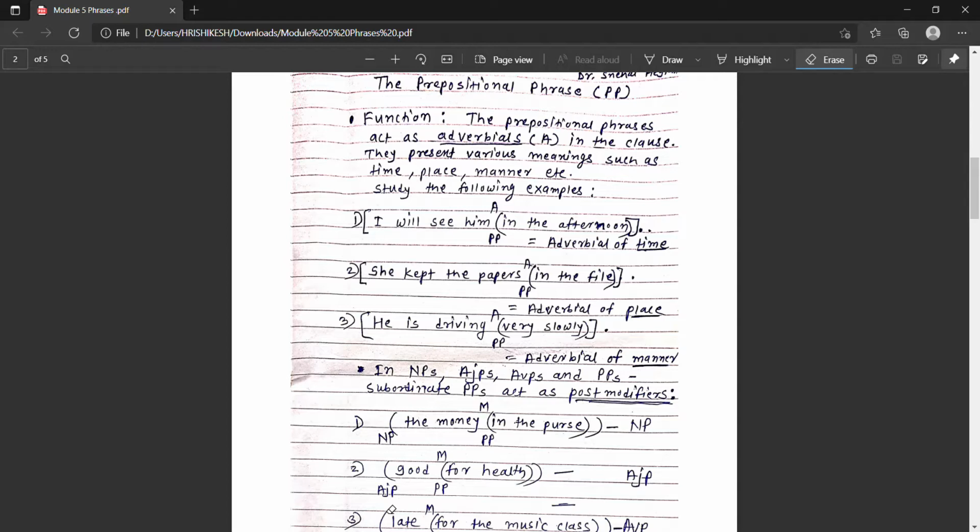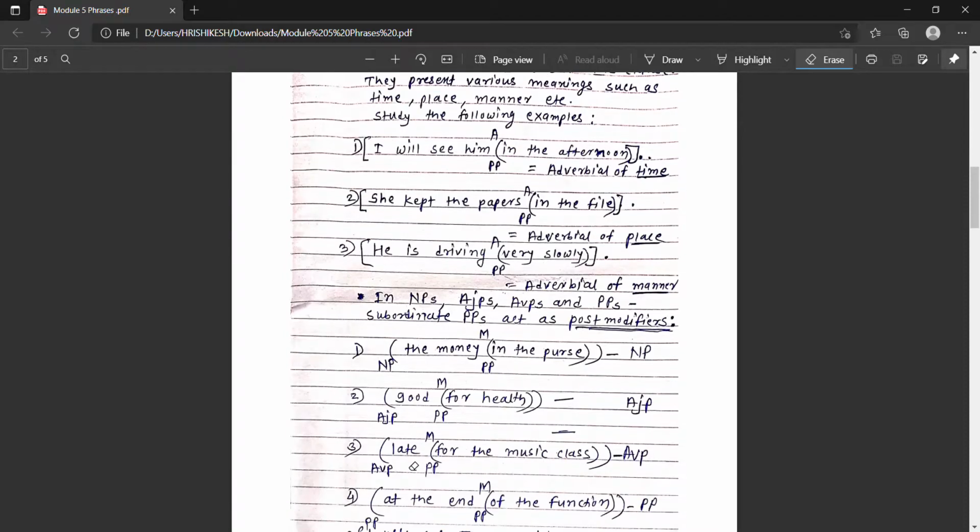Then in the second example, good for health. Which is the head word of good for health? Good is the head word. What is the grammatical class of good? Again we are focusing on which chapter? Words. Good is here an adjective.